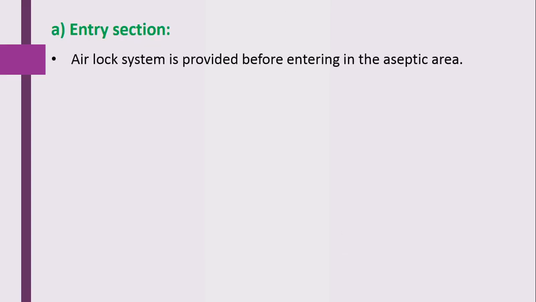We'll see next the entry section. Here the airlock system is provided before entering the aseptic area. That airlock system is in a zigzag position. The first door of that airlock system is at the left side, the second one at the right side, and the third one at the left side.